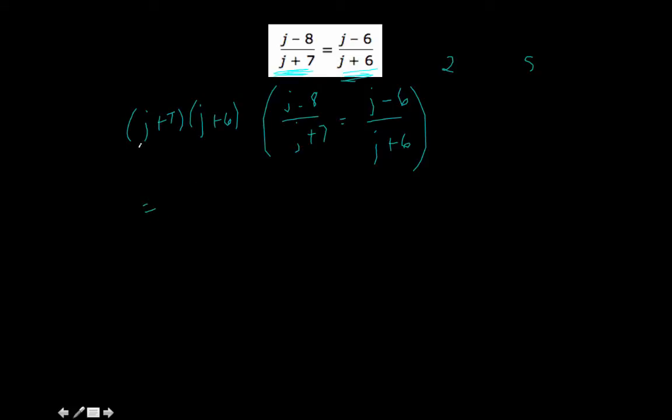Okay, so when we take this and divide by j plus 7, we're left with j plus 6. When we have this divided by this, we're left with j plus 7. And a FOIL, so minus 8j plus 6j.